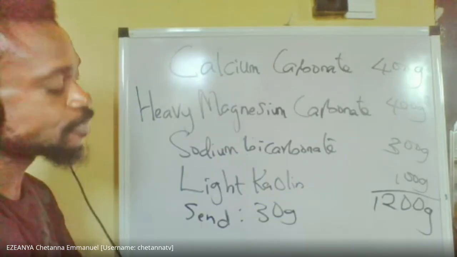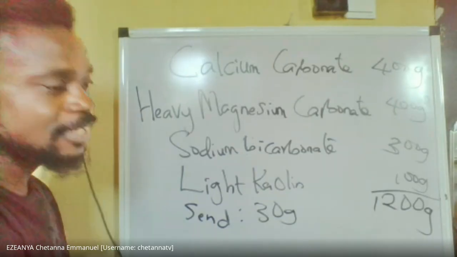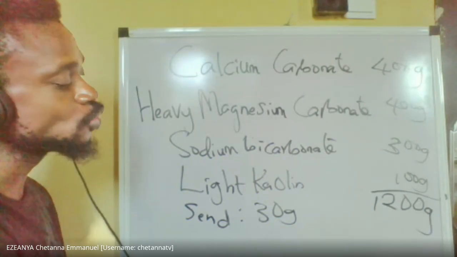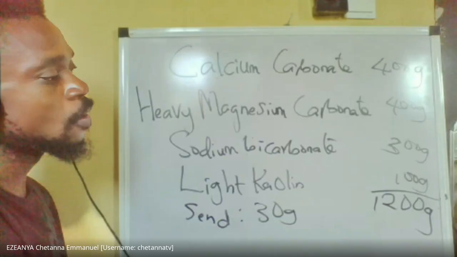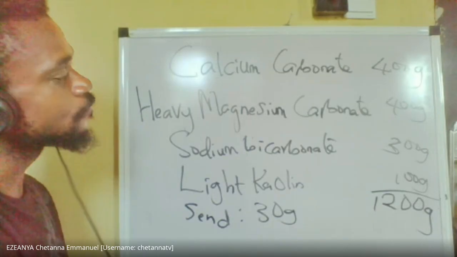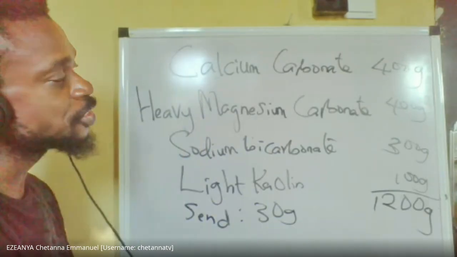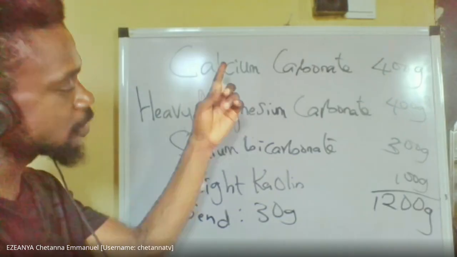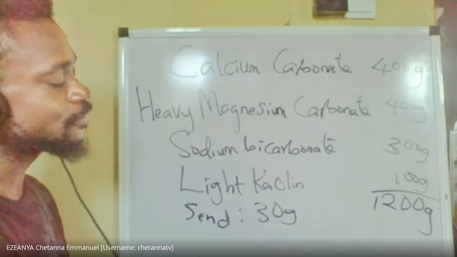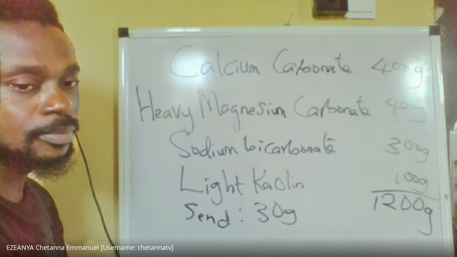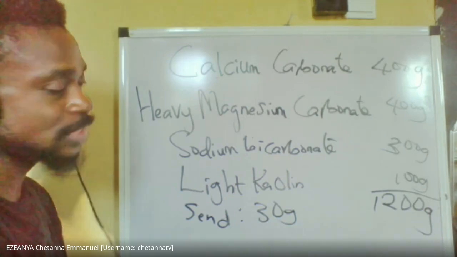Let's assume that the amount you want to produce is 12,000 grams, or 12 kilograms, of this calcium magnesium carbonate powder. What are you going to do to this master formula? Will you enlarge it or will you reduce it?